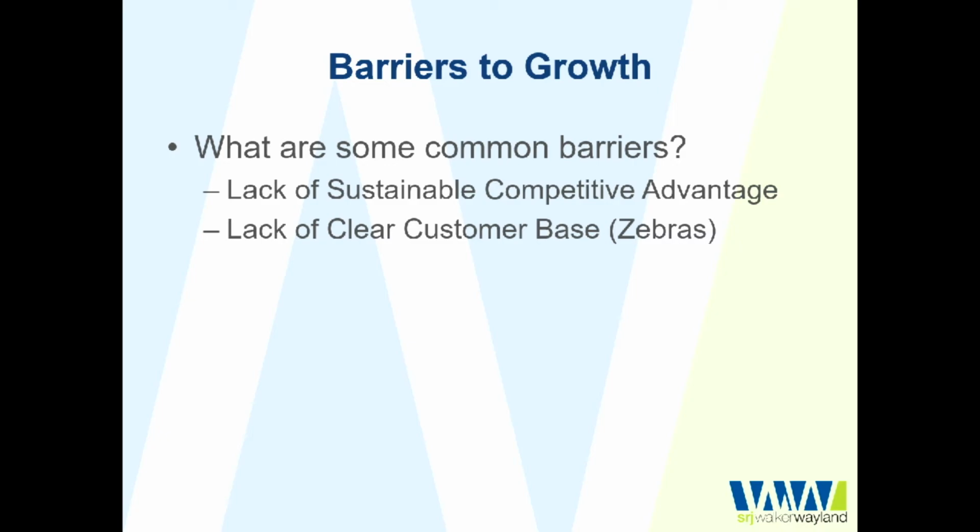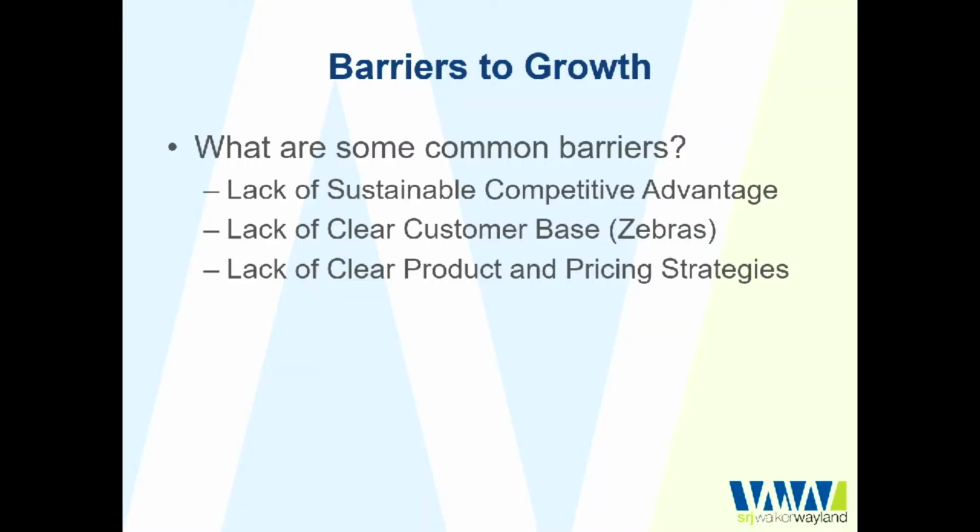The second most common barrier we come across in terms of limiting growth is the lack of understanding of who your identified customer base is. So this comes back to making sure that you're aware of who your zebras are. It's also that a lot of clients don't have a clear understanding of their products and their pricing strategies and methodologies.